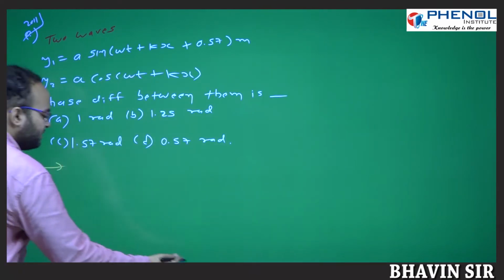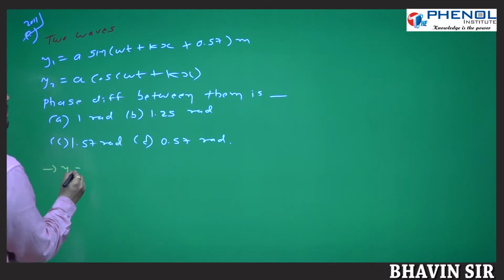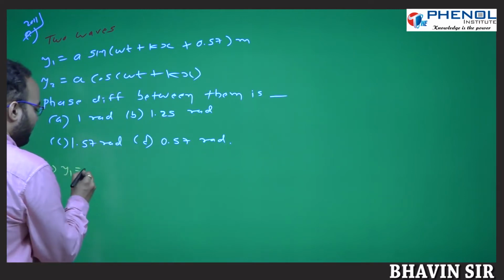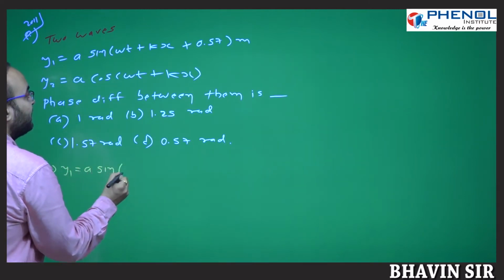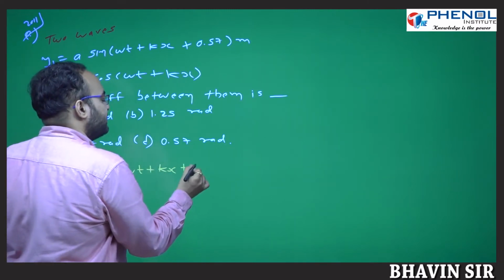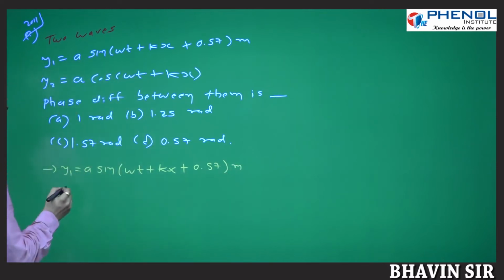What is the equation of the first wave? A sine (omega t plus kx) plus 0.57 meter.